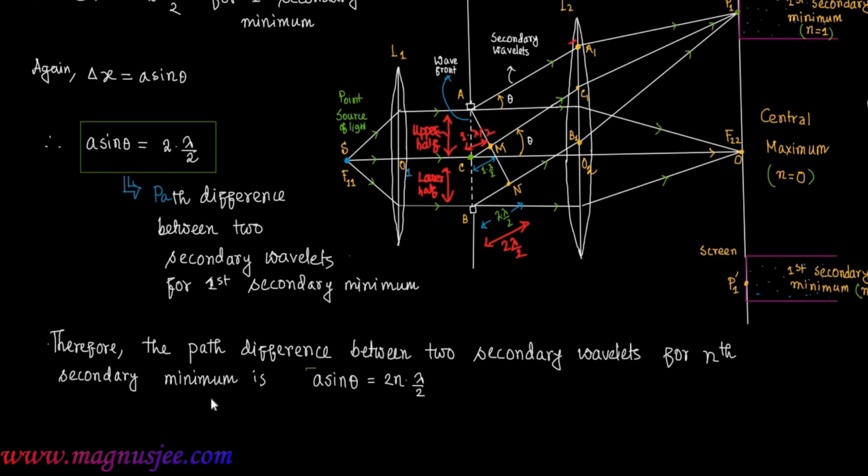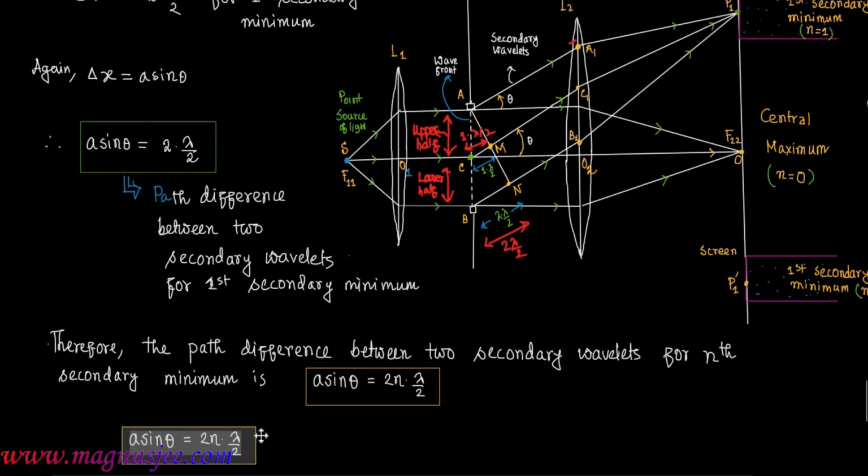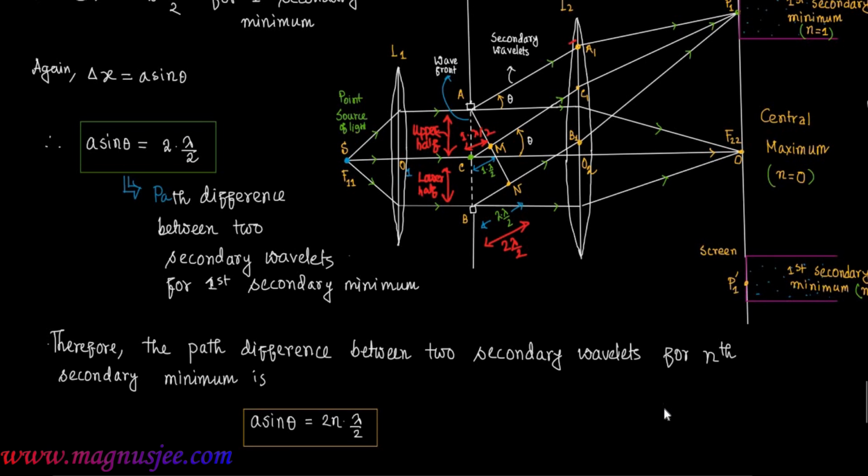This is the path difference between two secondary wavelets for having nth secondary minimum at the point P1 on the screen. So we get a sin theta equal to n lambda, where the value of n starts from 1, not from 0: n equals 1, 2, 3, and so on.